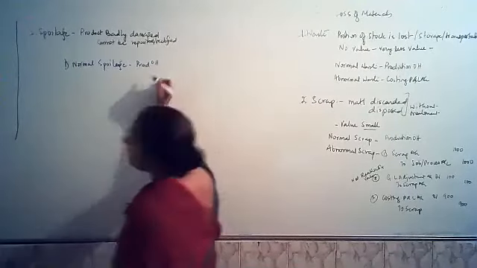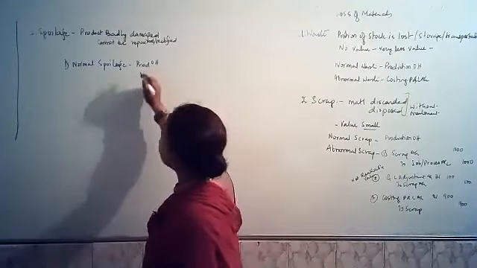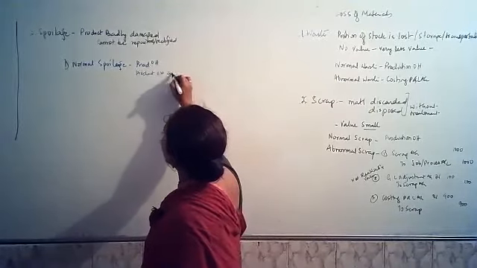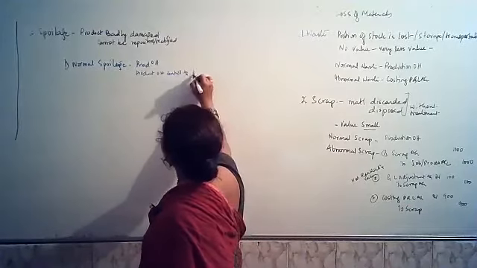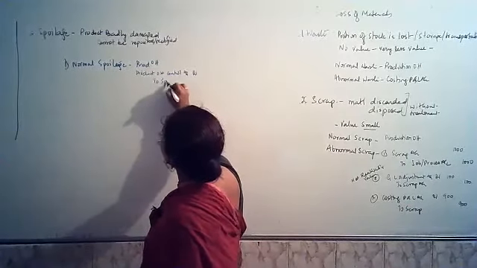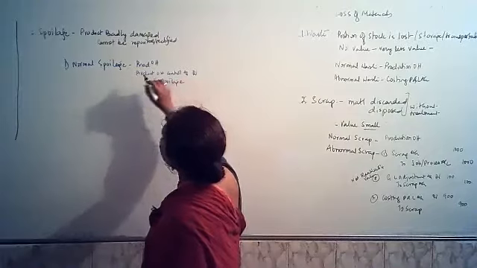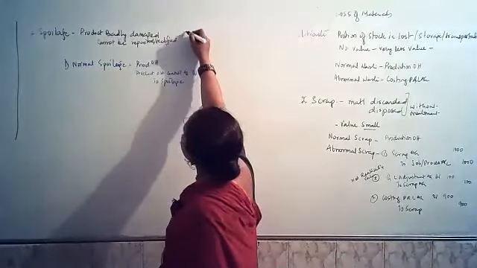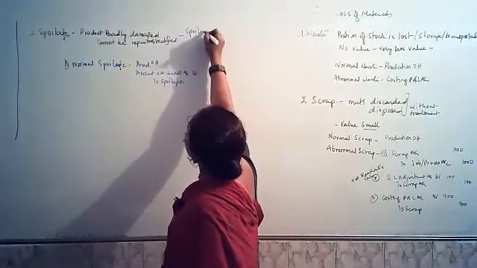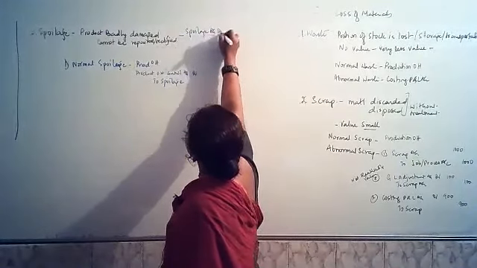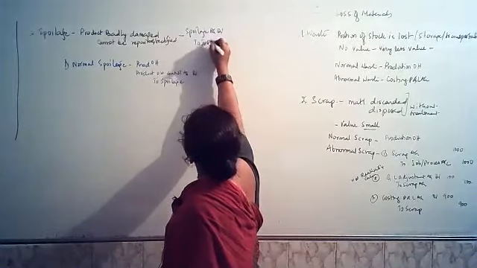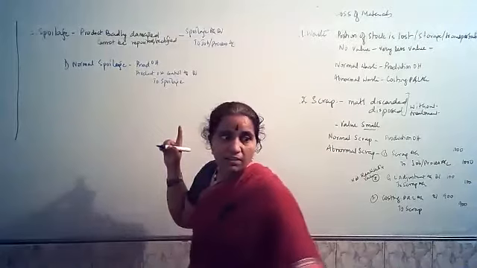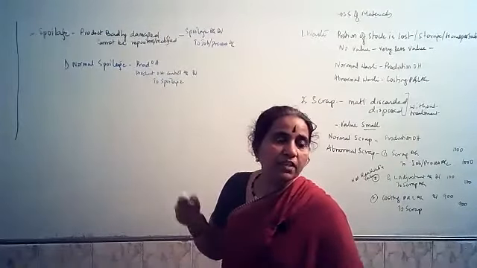The entry is production overhead control account debit to spoilage. Before this, the spoilage is recognized by spoilage account debit to job or process. This is how the first entry is created with the spoilage.